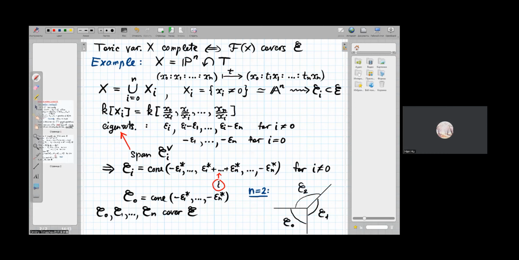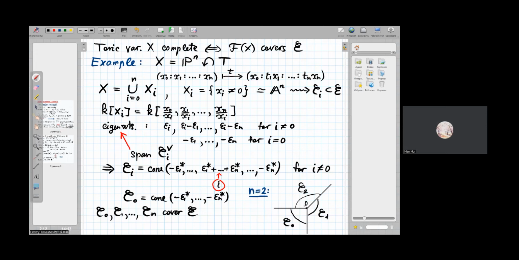So these three cones of dimension 2 and the three rays, which are the faces of these three cones, and also the zero-dimensional face, just the origin. These 7 cones compose the colored fan, the fan of the projective plane P2.